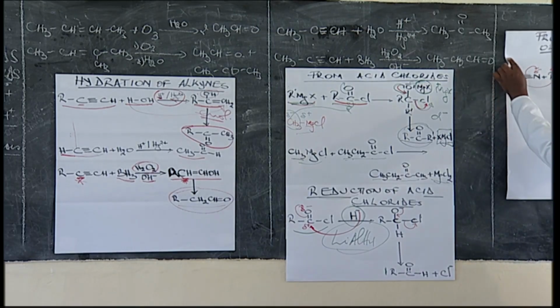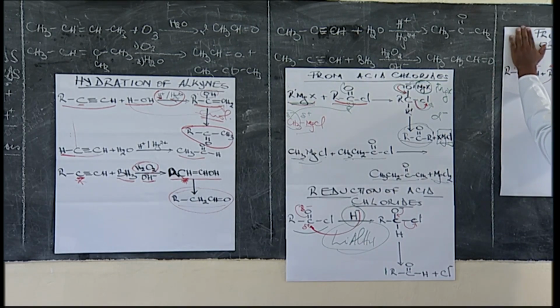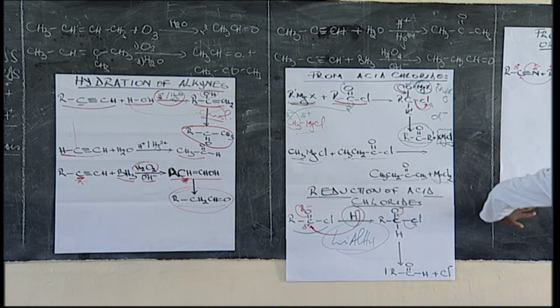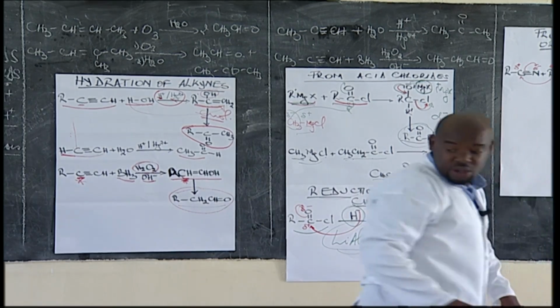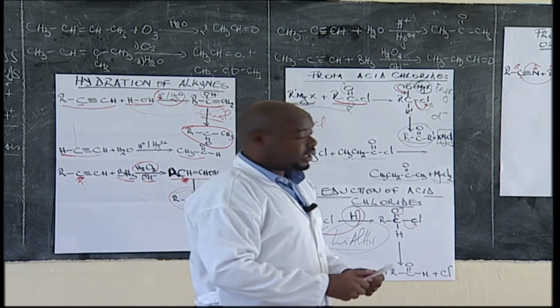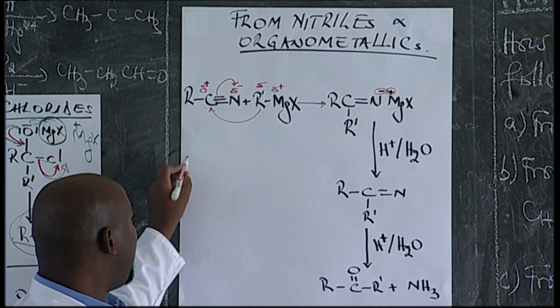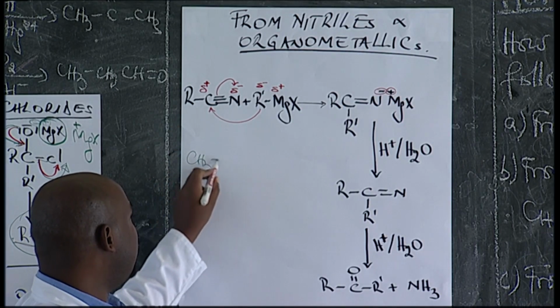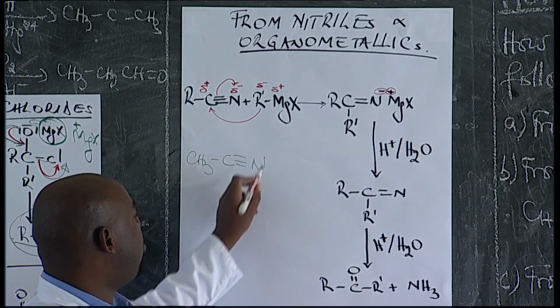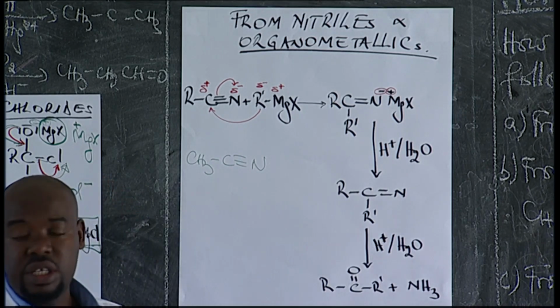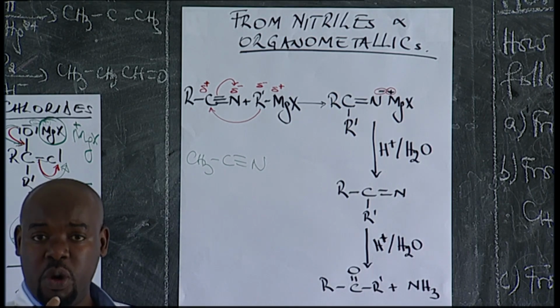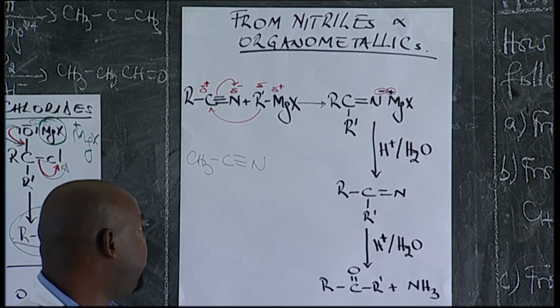We have it here. We can start also from nitriles reacting with organometallics. A nitrile is a compound like CH3C≡N. So it is a compound containing a triple bond between carbon and nitrogen.